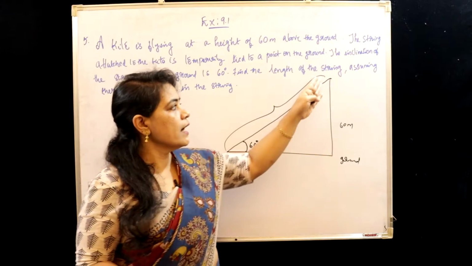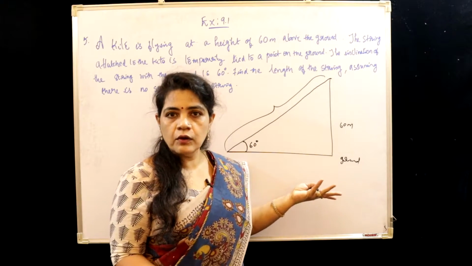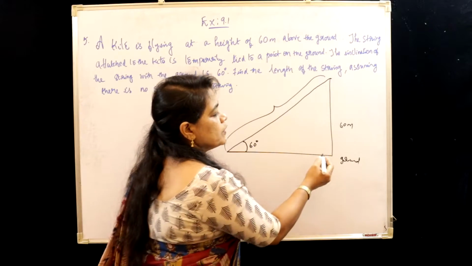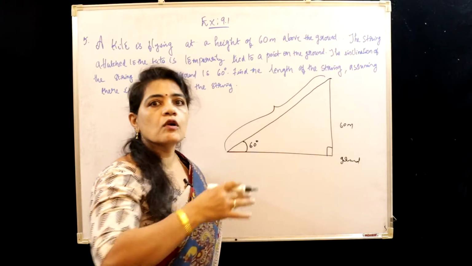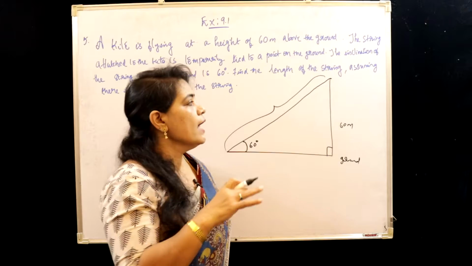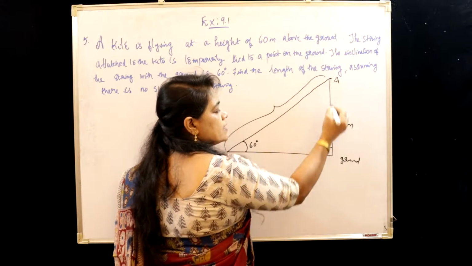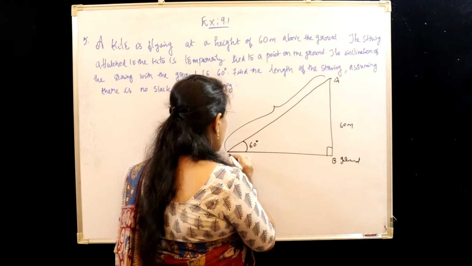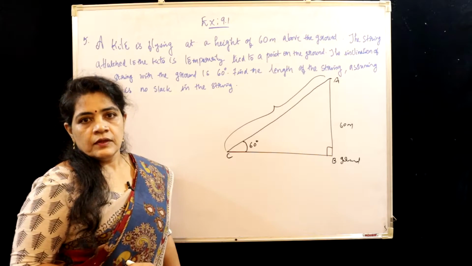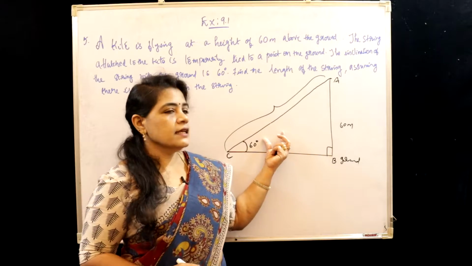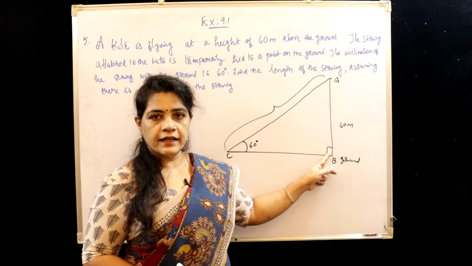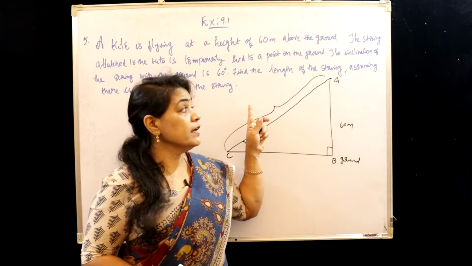And obviously this height is perpendicular to the ground. The height is always the perpendicular distance. And we can consider a right triangle ABC. Here AC, with respect to this 90 degree, is the hypotenuse, and we need this one.